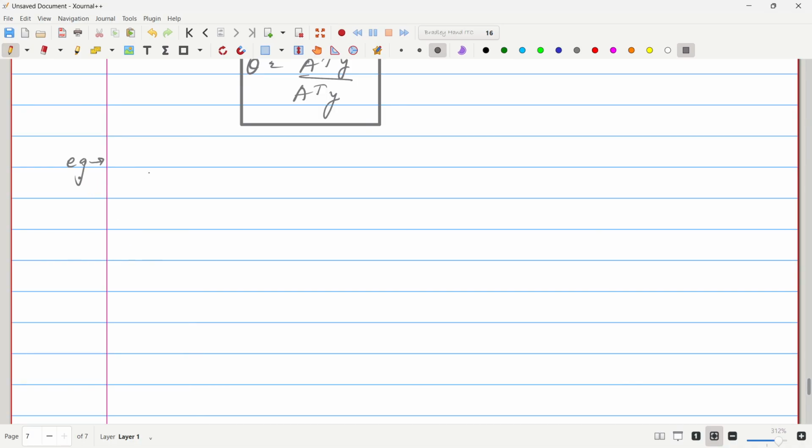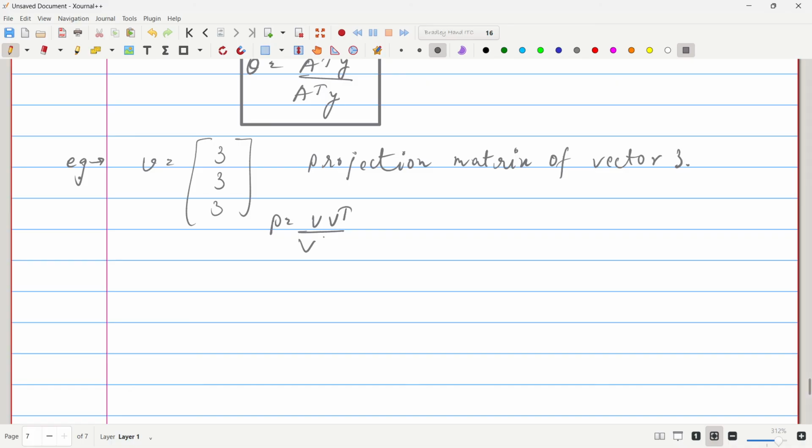Let's do one example. We got the vector v (3, 3, 3). We need to find the projection matrix of this vector. How will you find it? v into v transpose divided by v transpose into v.